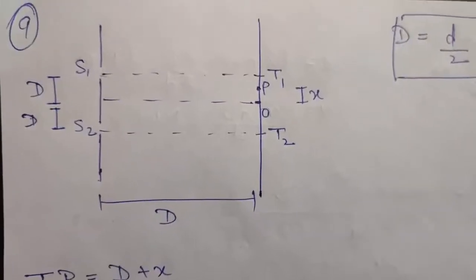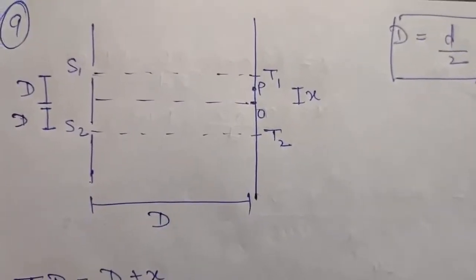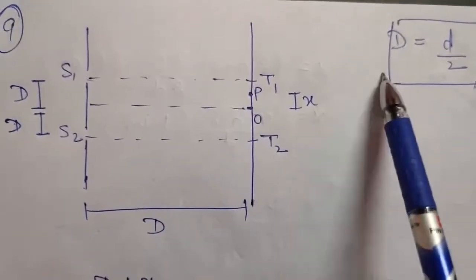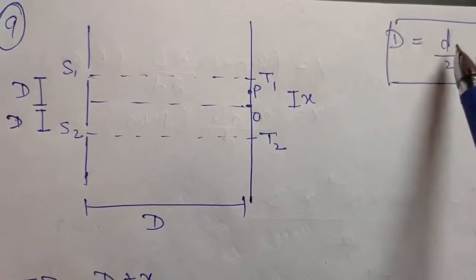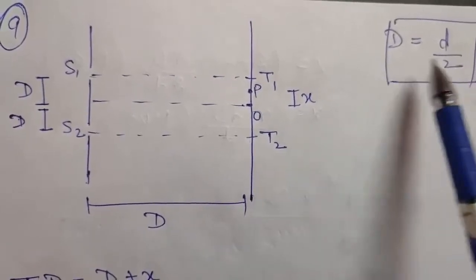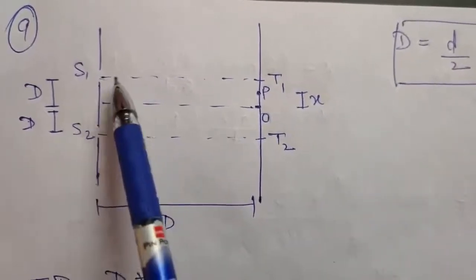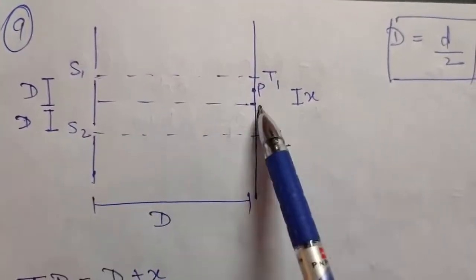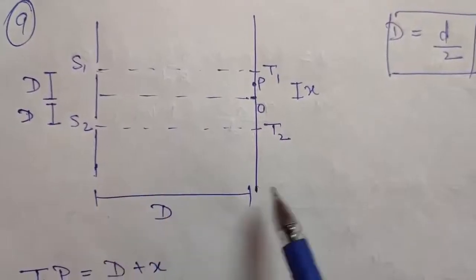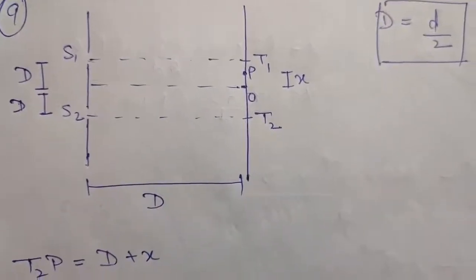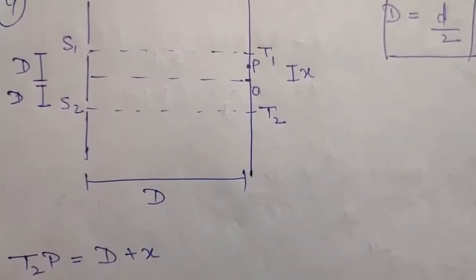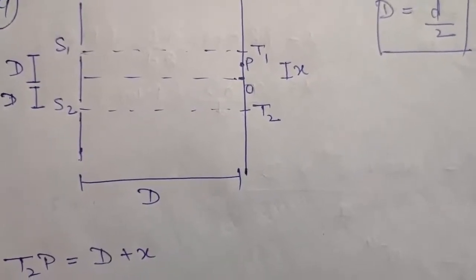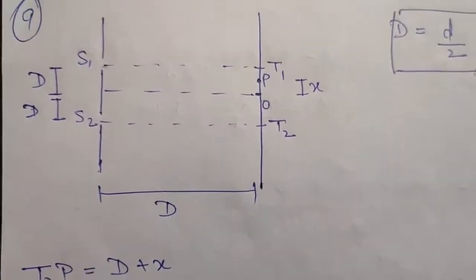In question number 9, a figure is given to you, and it is said that the distance between the slit and the screen is half that of the distance between the two slits. So if d is D by 2, that means this portion will also be D, and this portion will also be capital D. OP is given to be x in the question, and this distance is again D. Now it is asked to calculate this D in terms of lambda such that your first minima falls at a distance D from the center.